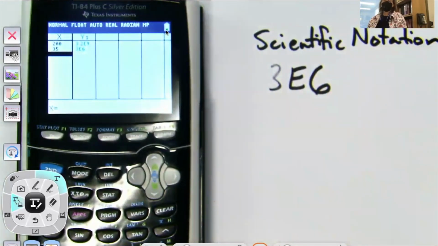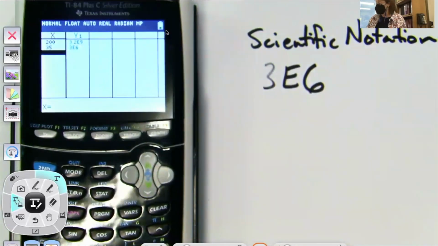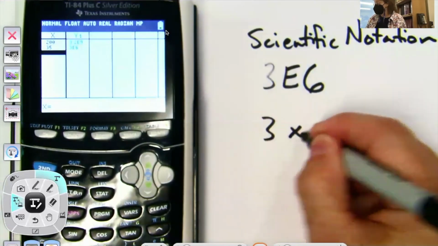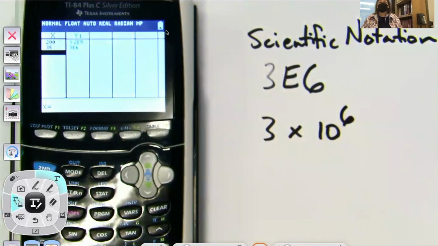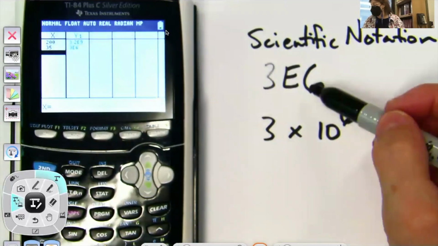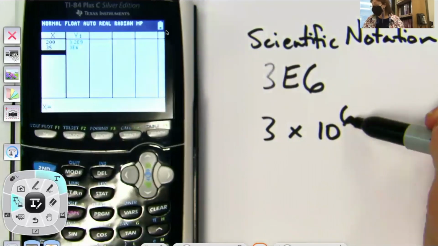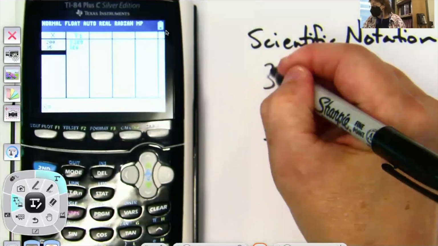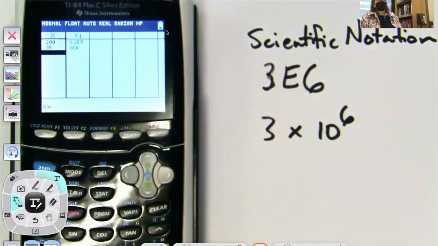What that translates into is 3 times 10 to the 6th, because they give you whatever is to the left and then they give you the exponent. So when you see 3E6 in the calculator, it means 3 times 10 to the 6th, which is a really, really, really big number. So you didn't want to calculate that number by hand. You definitely did not.